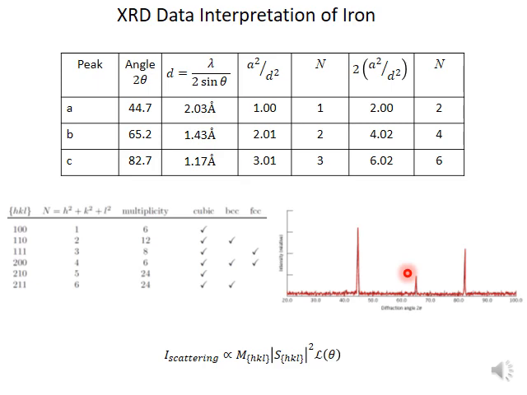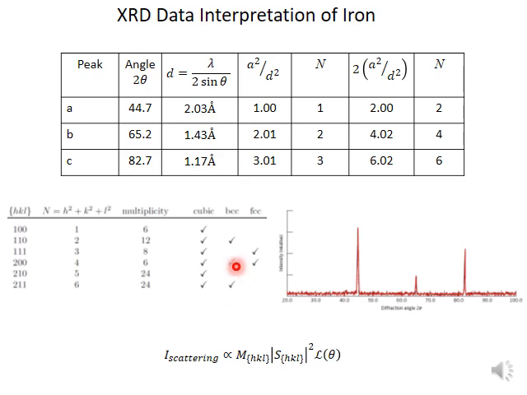Indeed, it's not true. Let's look at the second combination, which tells you that it's a BCC system, because you have n equals 2, n equals 4, and n equals 6. And here, if you multiply it by 2, let's check if this is true. For this peak, which is capital N equals 2, you have a multiplicity of 12. But the important one is this one, which is 6, which has a multiplicity of 24.